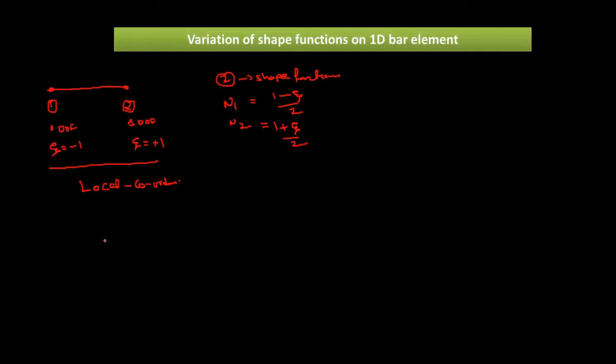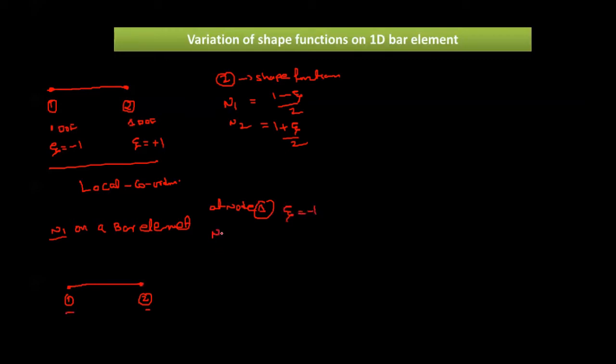Now I need to plot the variation of N1 on a bar element. Let us take the same element having nodal point 1 and nodal point 2, and find the value of N1 at each node. At node 1, zeta is equal to minus 1.